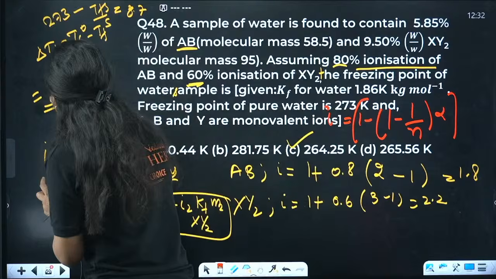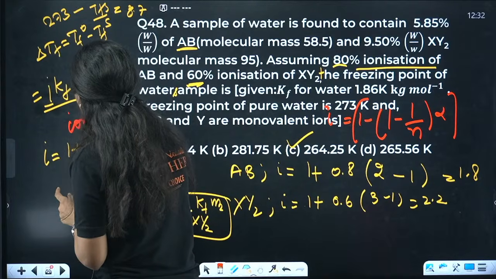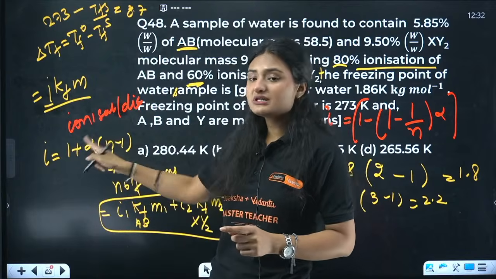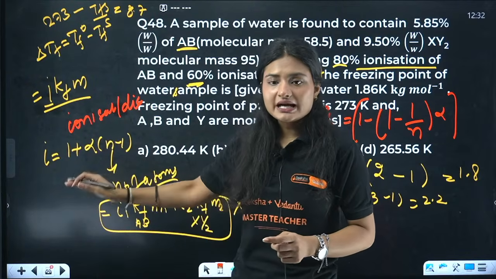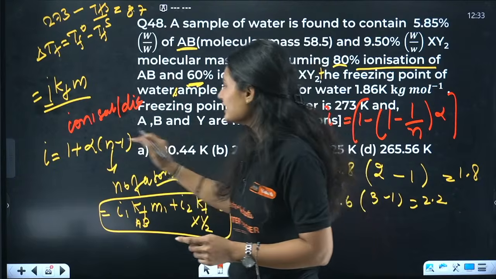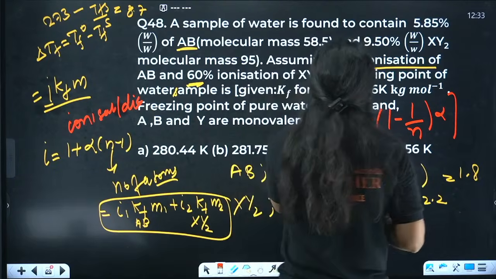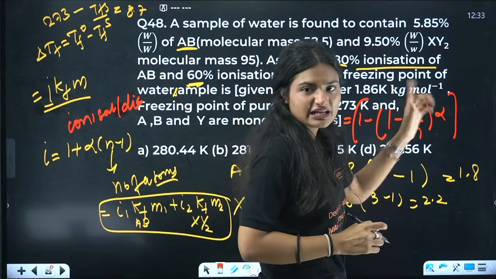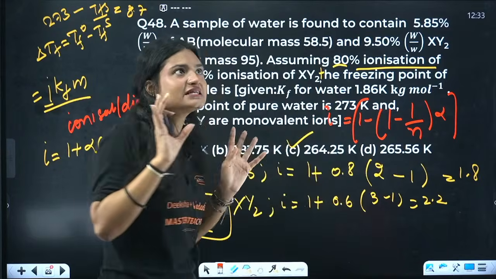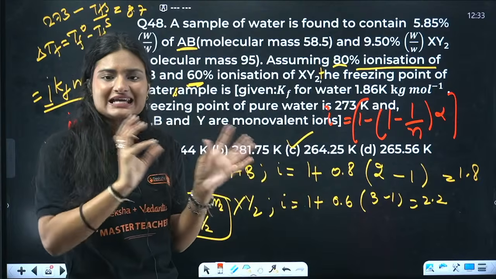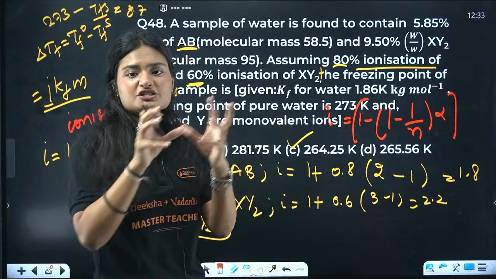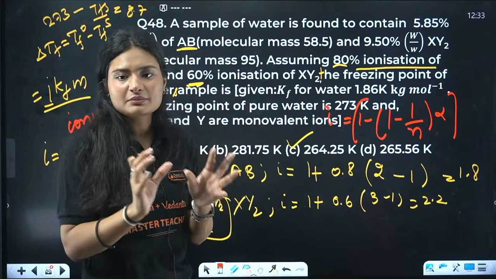Remember these two formulas. If you have ionization or dissociation, use this formula: i equals 1 plus alpha into (n minus 1). If you have association, use this formula: 1 minus (1 by n) times alpha. That is the formula, simple. And since these are colligative properties, you can directly add the elevation in boiling point, and the depression in freezing point due to A and due to B. You can just add them and calculate the value.